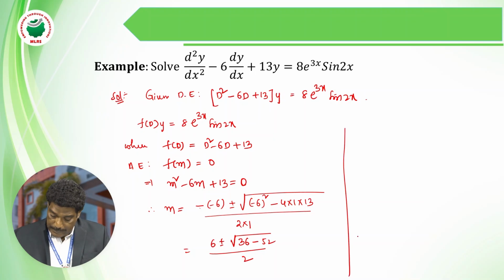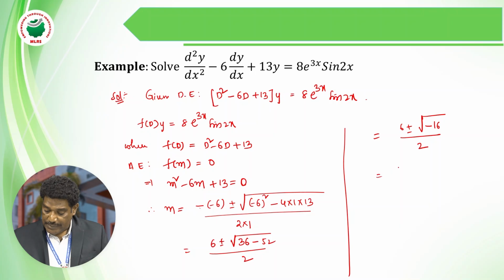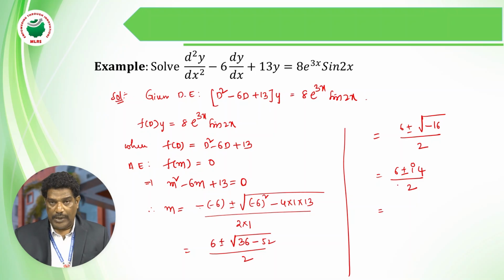Next, equals 6 plus or minus square root of 52 minus 36, which will be 16, minus 16, by 2. And this is equal to 6 plus or minus square root of minus, means there will be a complex root i, and the square root of 16 means 4, by 2. Now in the numerator take 2 out common and cancel. The remaining will be 3 plus or minus 2i. That will be a complex root.